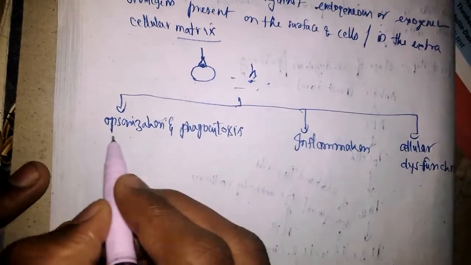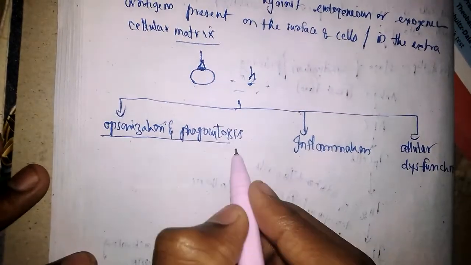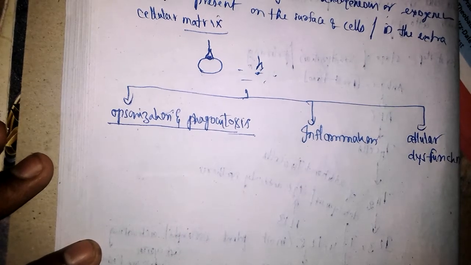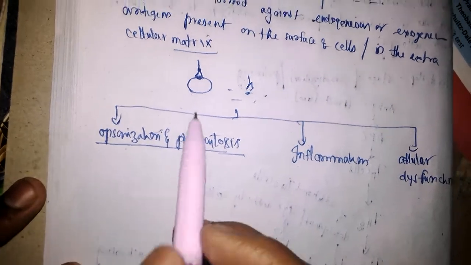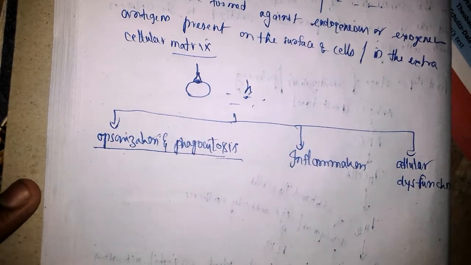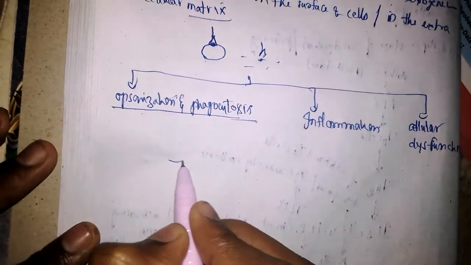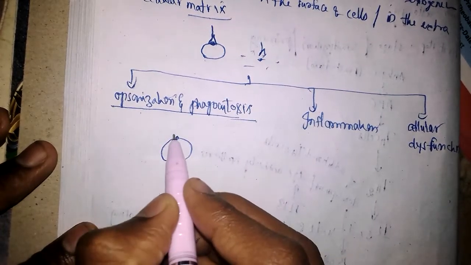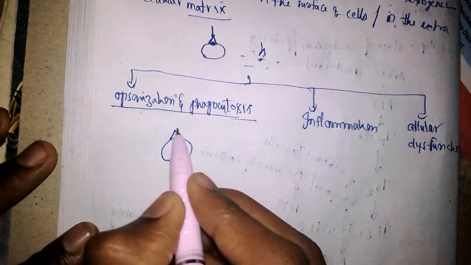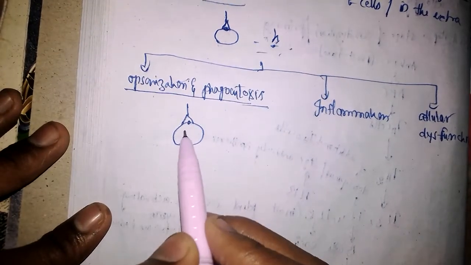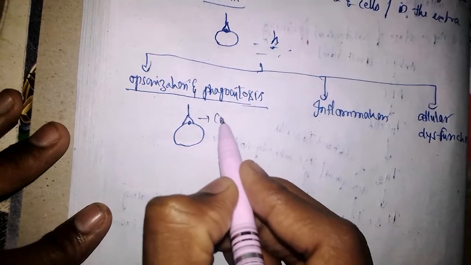Okay, first one is opsonization and phagocytosis. Here, what happens is this mainly takes place when the antibodies are attached to the antigens that are present on the surface of cells. Suppose now on these cells we have antigen. To these antigens, antibodies have been attached. Now this attachment will activate the complement system.